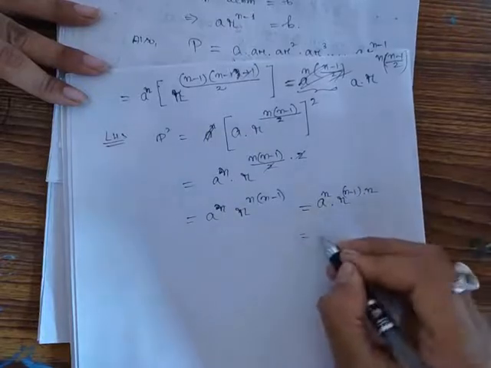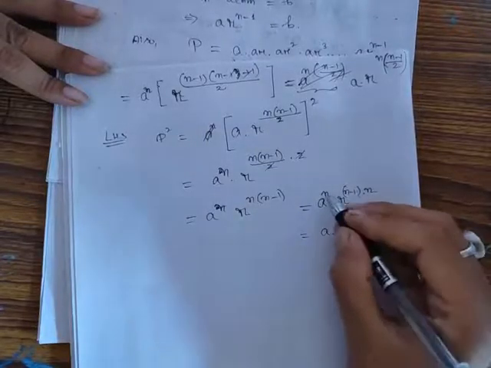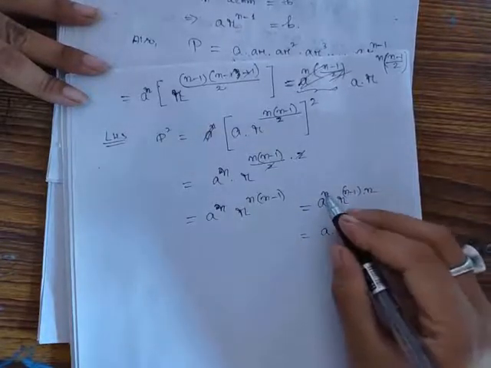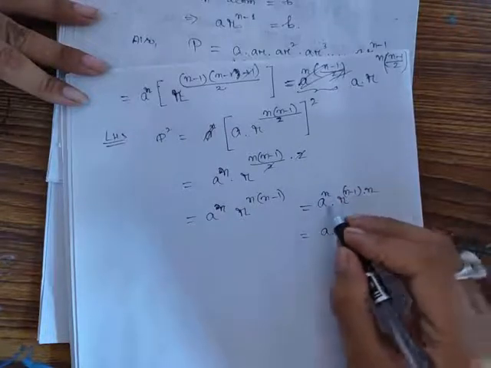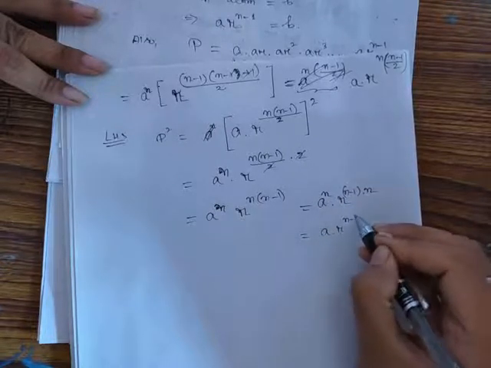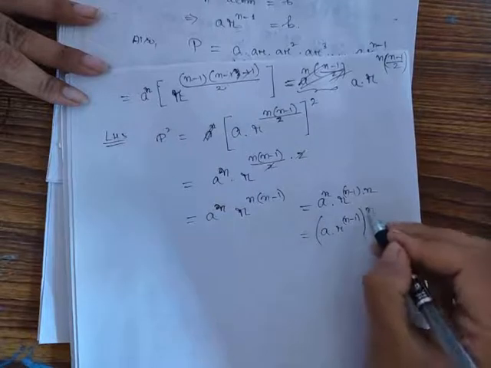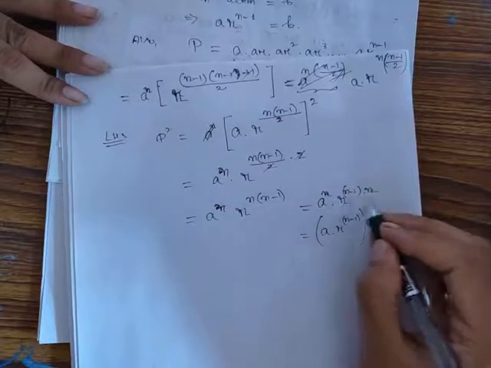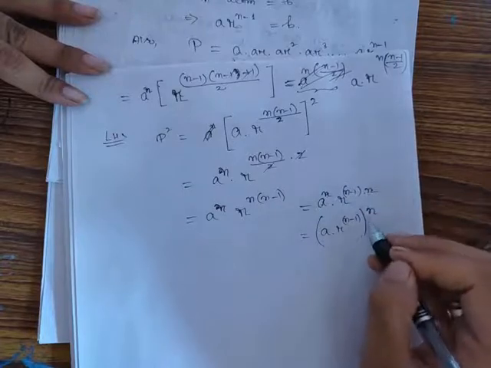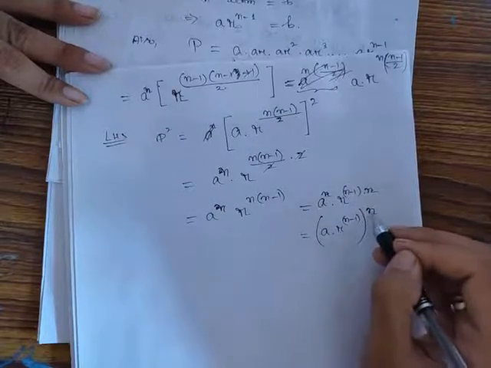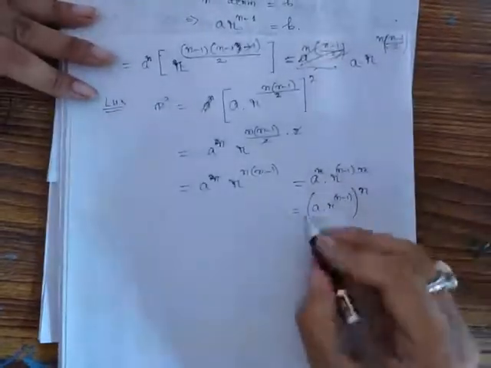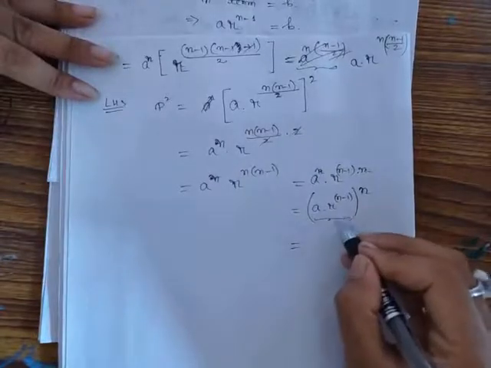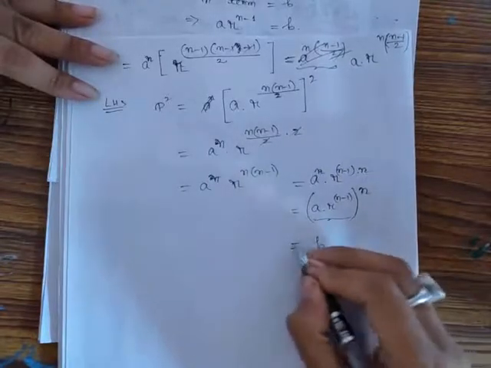So we can also write it in this way: a r, this n. n is common in both terms, n r n minus 1, whole thing to the power n we can write, because n is also here. So you will get a into r to the power n minus 1 into to the power n, so a into r to the power n. This is the value of b, so b to the power n.